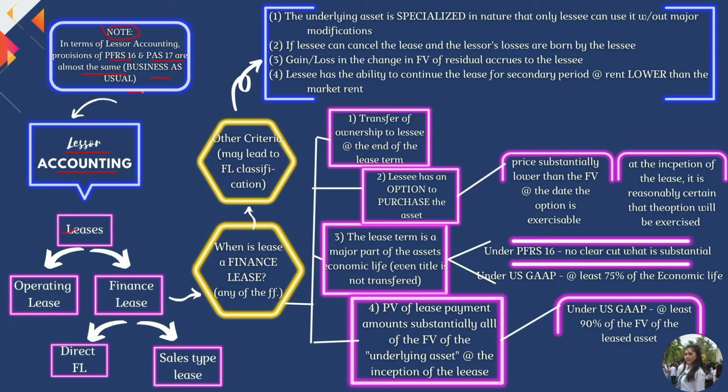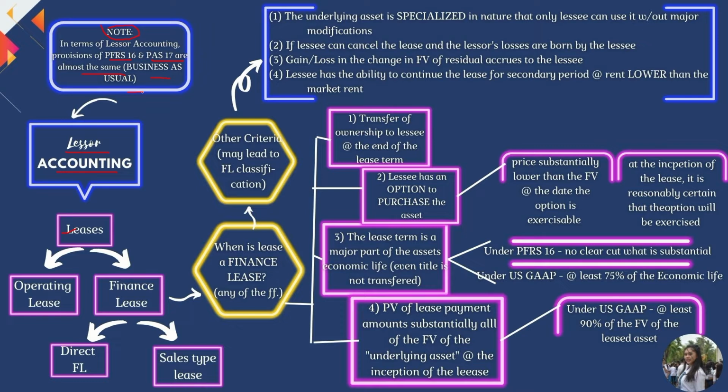Why is it business as usual? Because no matter which model you choose, whether or not there is a transfer of ownership, or whether it is just an ordinary rent, with a transfer of ownership at the end of the lease term. So it is business as usual because we look at whether in reality there was a sale in the form of rent to own, or it is just an ordinary rental wherein you are purely earning rental income.